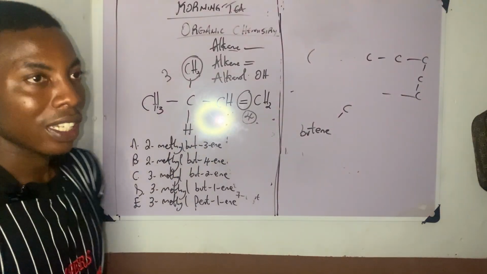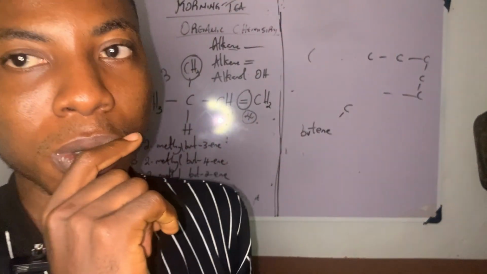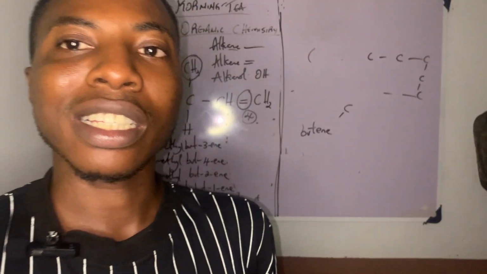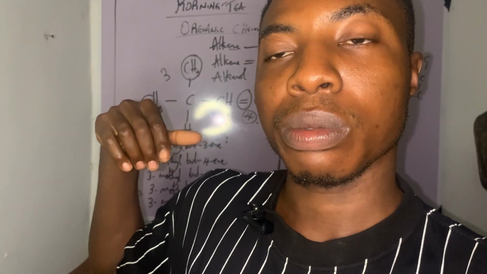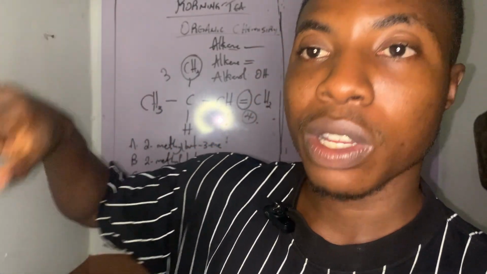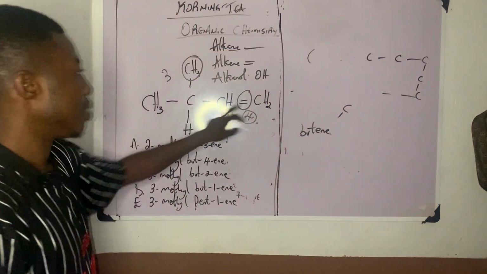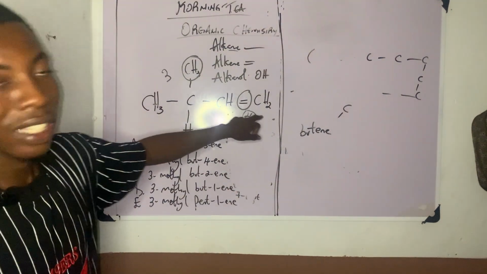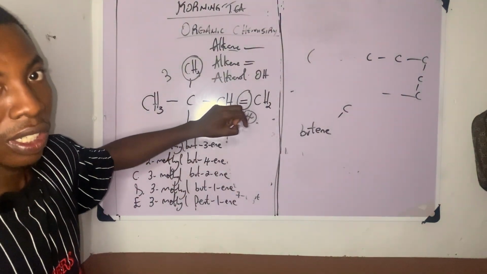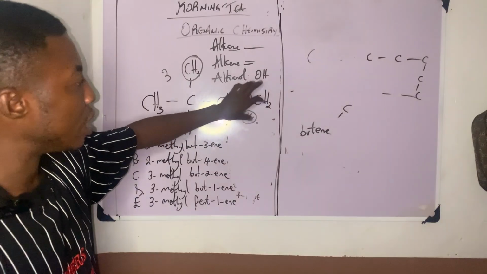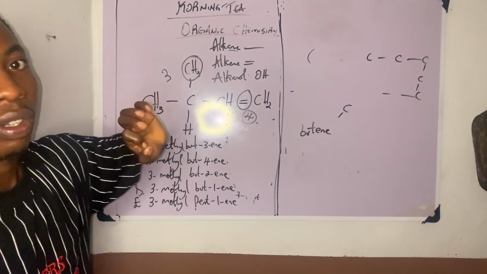Now the second thing again is that if you want to count, you must count from the side that gives you the lowest number for the functional group. Remember, I'll count it like this. Let's check the side that will give us the shortest count when it comes to the functional group.